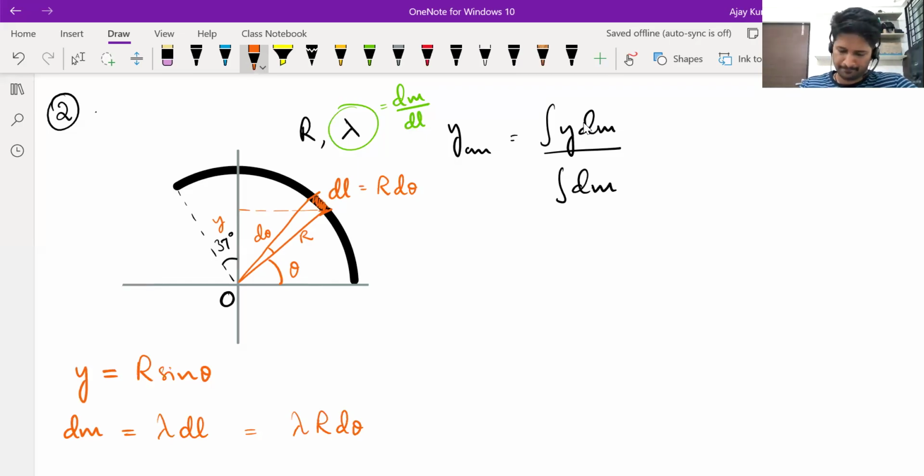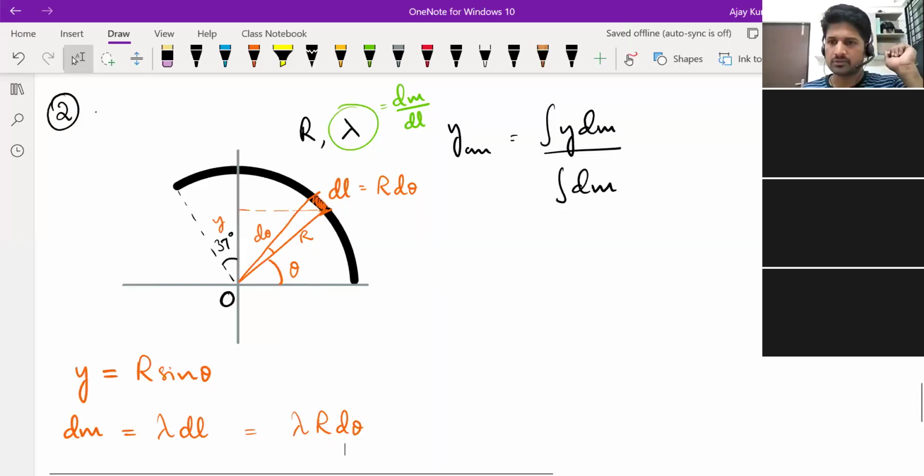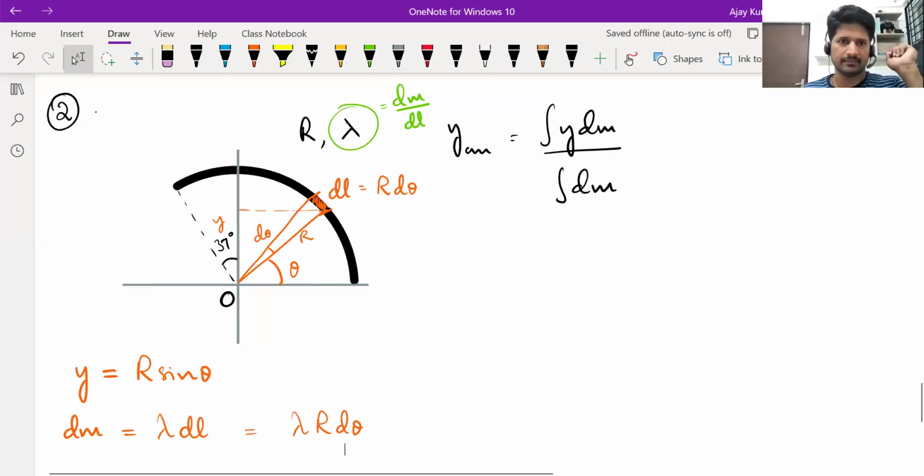Okay. So dm is lambda r d theta. We got y in terms of theta and dm also in terms of theta. We will now be able to substitute them and integrate.